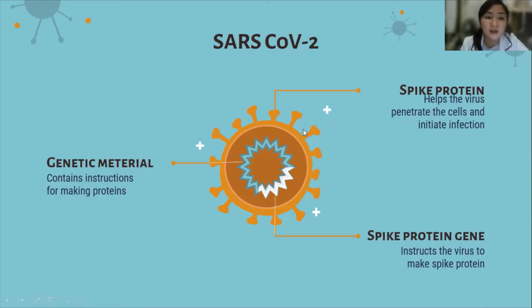Inside the cell, there is genetic material that contains instructions for making proteins, and it also contains the spike protein gene that instructs the virus to make the spike protein.